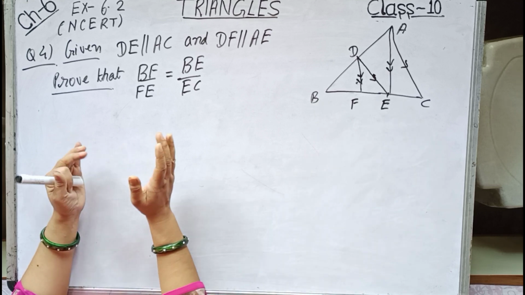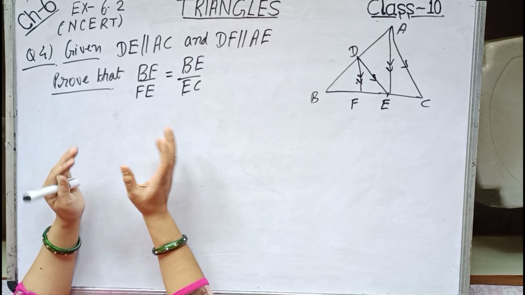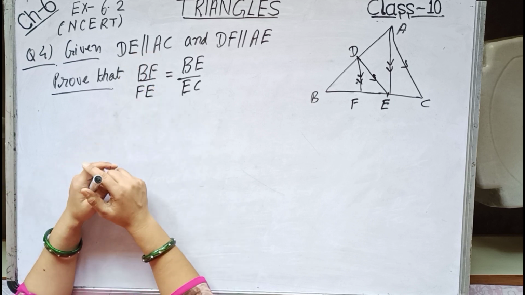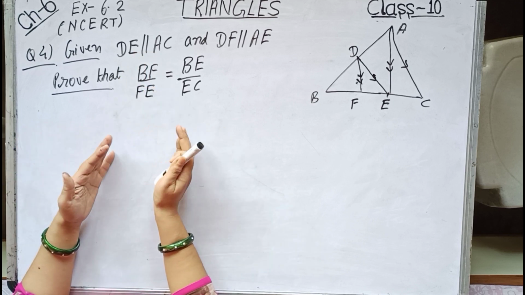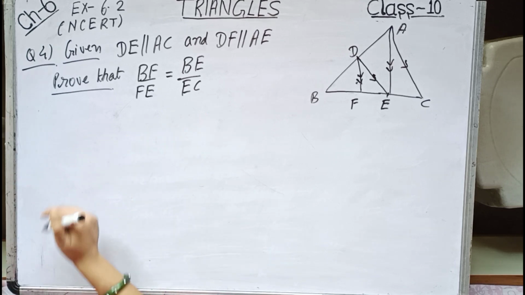Now whenever you get such questions based on BPT, find a triangle in which we can get this pair of parallel lines. Use BPT, that is the ratio of which side equals which side, and you will get the answer directly. So let us proceed.